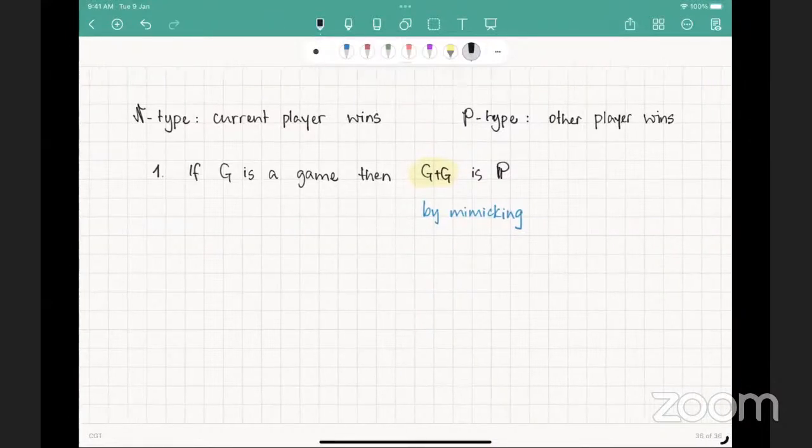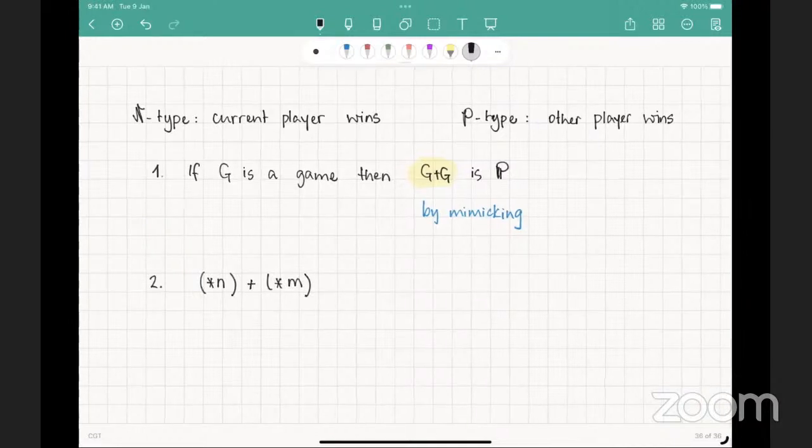Now, a follow-up to this is the game that is the sum of two singleton nim heaps, which I'm going to denote by star n because that's the standard terminology. So I'm looking at the sum of two singleton nim heaps, which is basically the standard game of nim with two heaps of sizes n and m.